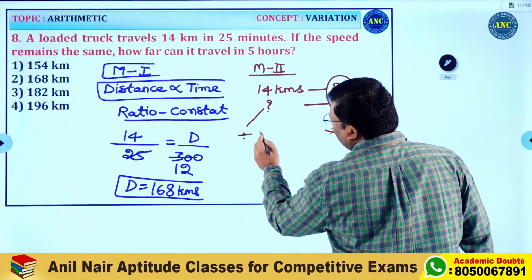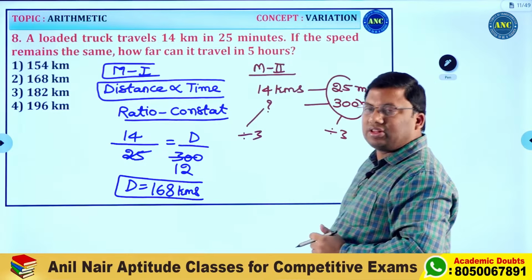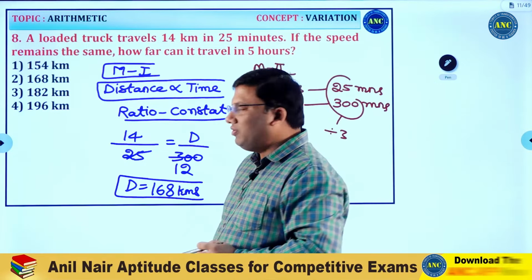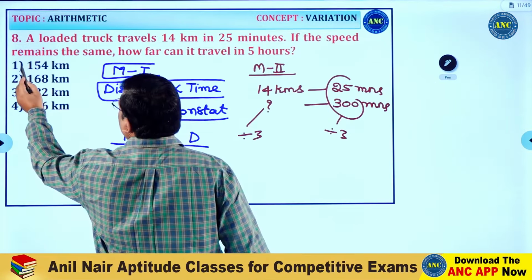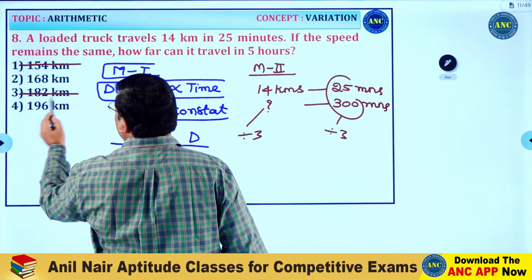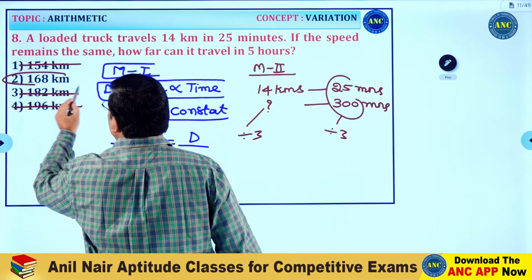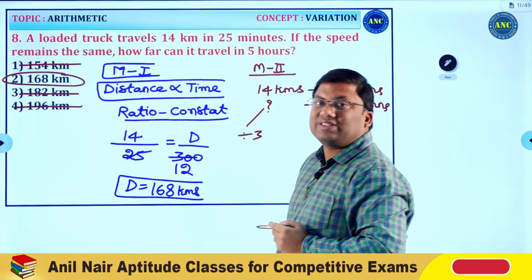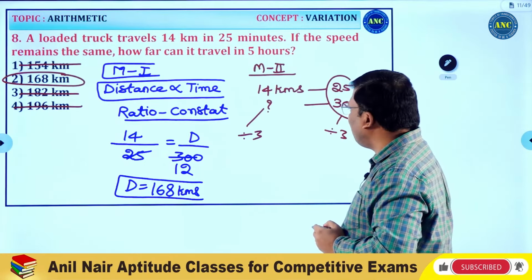This question mark also should be divisible by 3. Eliminate the options which are not divisible by 3. 154 not divisible. Answer for this question is 168 kilometers.